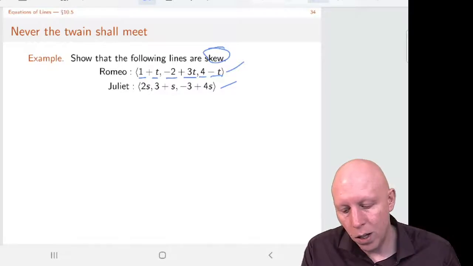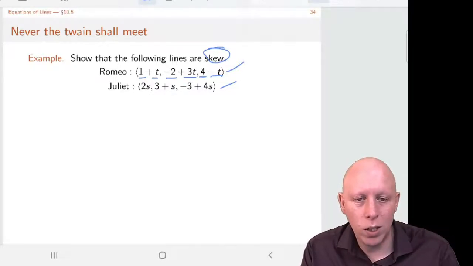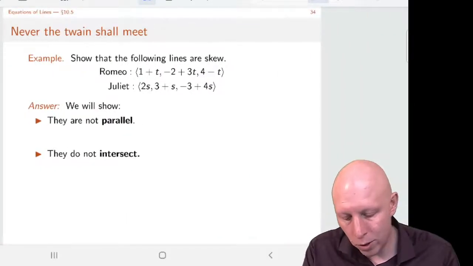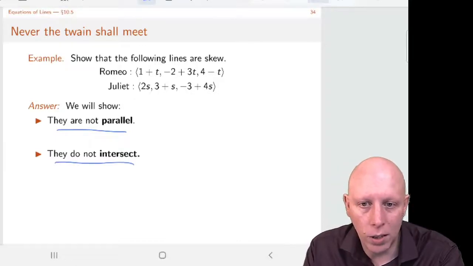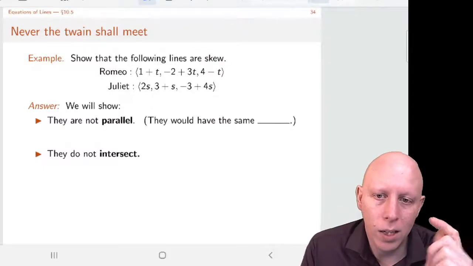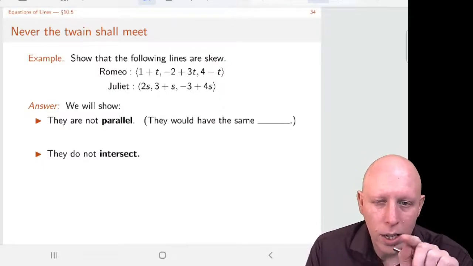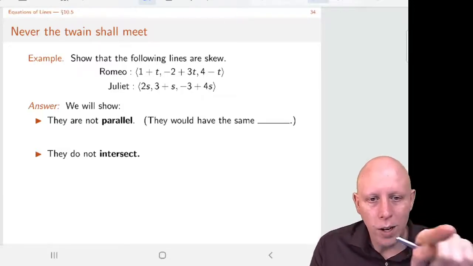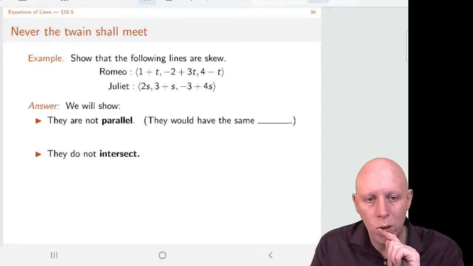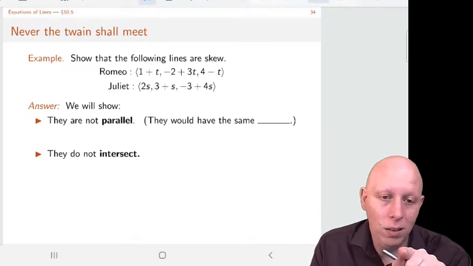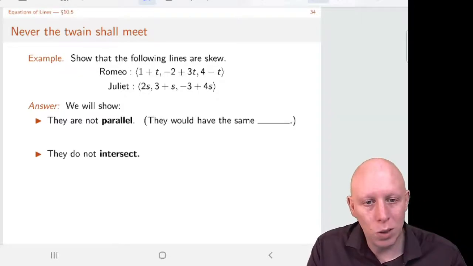So in order to show that the lines are skew, we have to do two things. We first have to show they're not parallel, and then we have to show that they don't intersect. So if the lines are parallel, then what would we know about parallel lines? We know that the direction in which they go would be parallel, and so they would be multiples of each other.